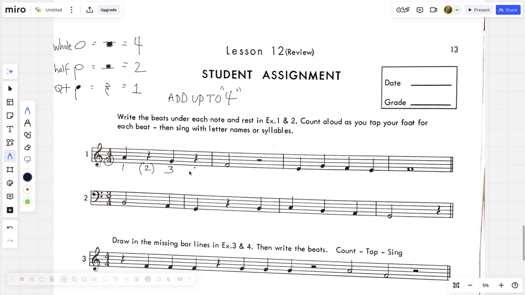Beat 3, and then beat 4 with parentheses around it because you're resting. Where would you clap? You'd clap on beat 1, and you'd clap on beat 3. It would sound like this. Ready, set, here we go. 1, 2, 3, 4.